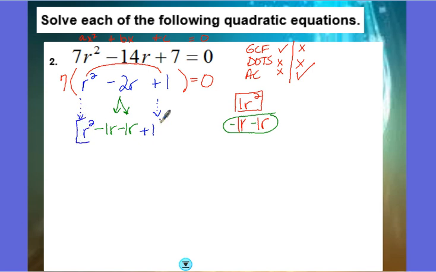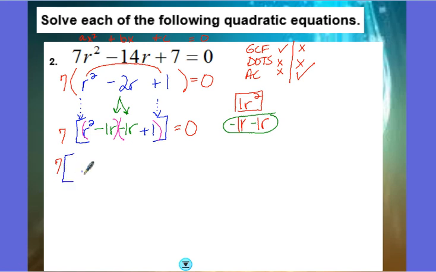And as we saw in class for lesson number 5, we can now switch to brackets, bring down our GCF, and set this whole thing equal to 0. I'm still not done factoring using the AC method. We're up to the grouping step. So now I still have 7 on the outside.